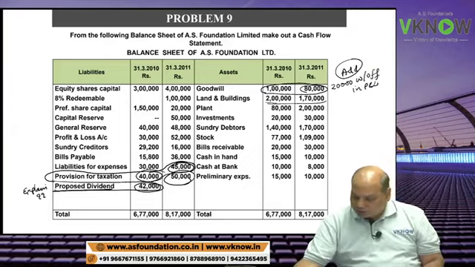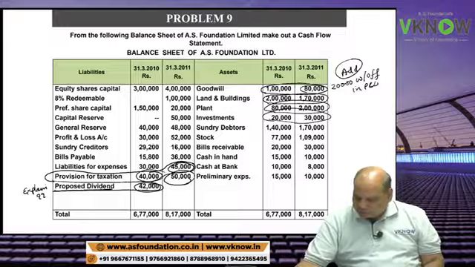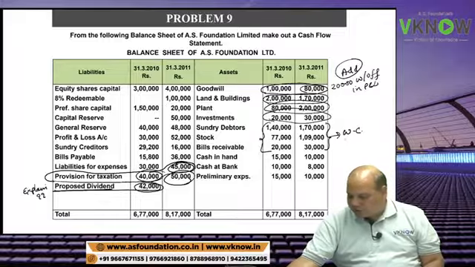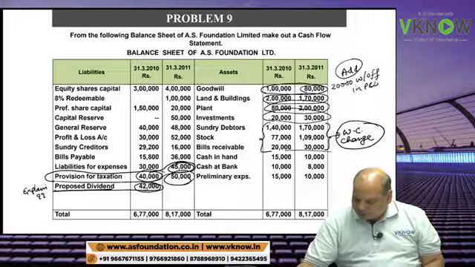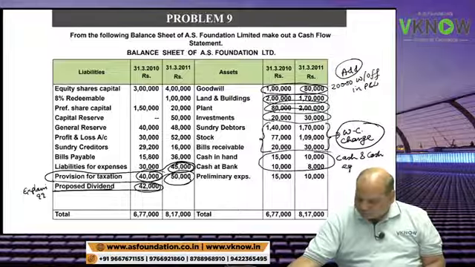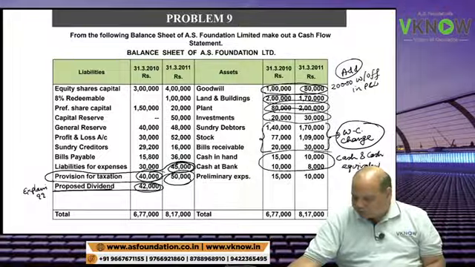Then you have land and building, plant, investment, debtors, stock and bills receivable. These will again come in working capital changes. Cash in hand and cash at bank will come in cash and cash equivalents.